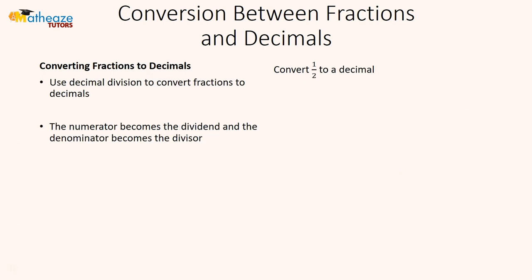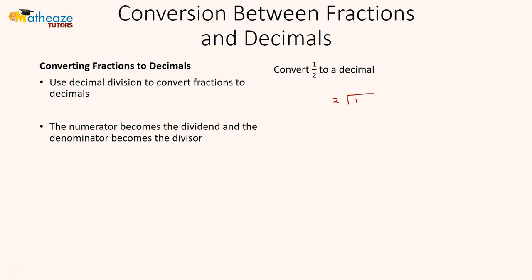Now, we're going to use decimal division, and I'm going to show you how that works. When we're dealing with decimal division, the numerator becomes the dividend and the denominator becomes the divisor. So here's what we have: 1 here and then 2.